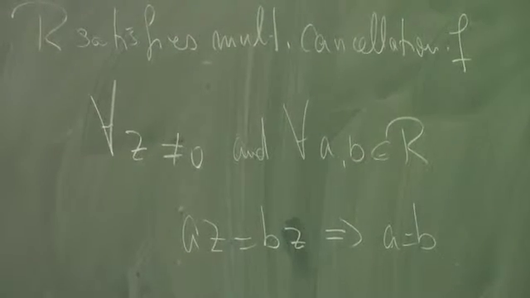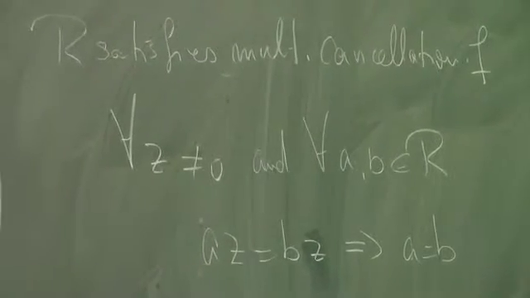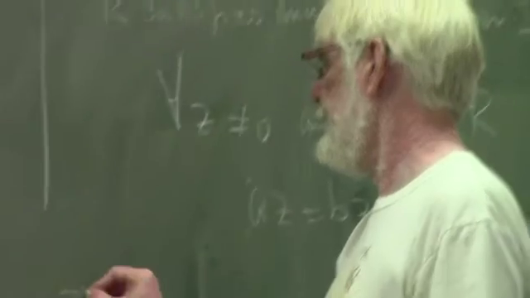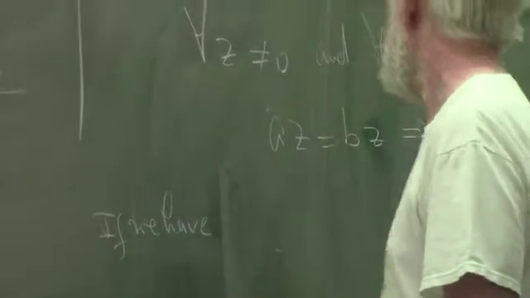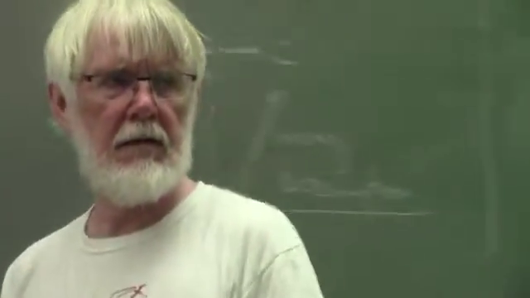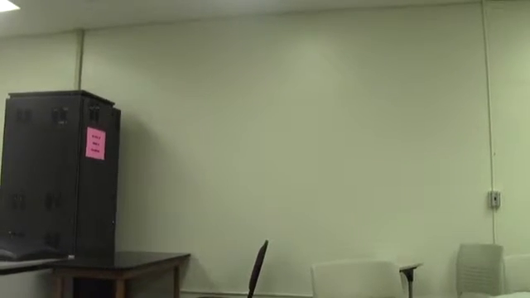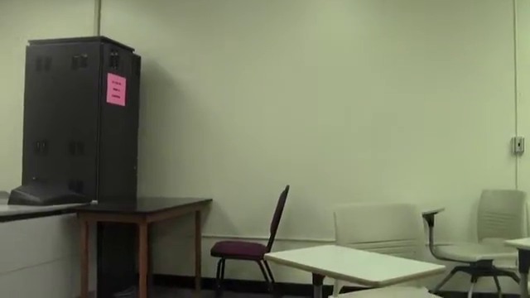Okay. And so if we have, what was the exact formulation? So just justify each step: the cancellation holds if and only if there are no zero divisors.